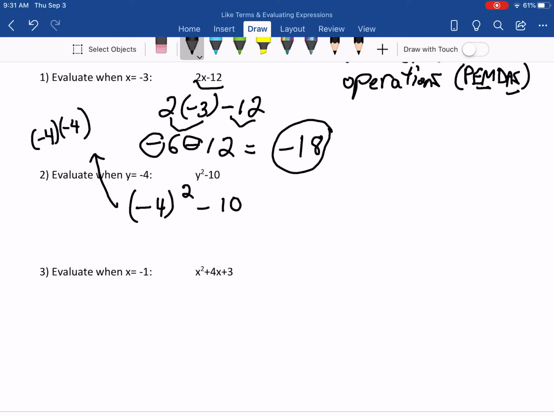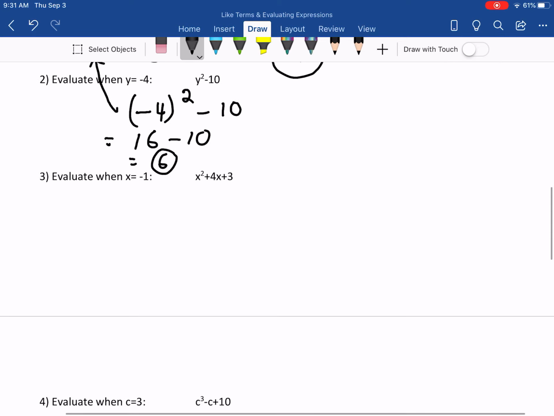Okay? And when we multiply with the same signs, negative times negative, that gives me a positive, which makes our answer 6.